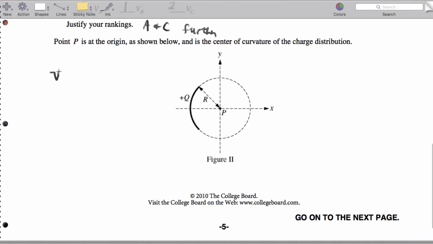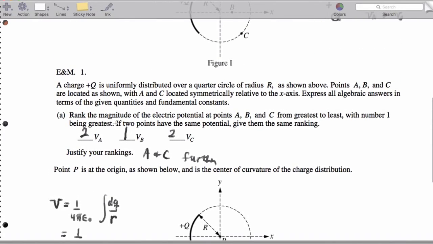So we know that V is 1 over 4 pi epsilon naught integral of dq over r, and we don't need to worry about direction. We did this before.